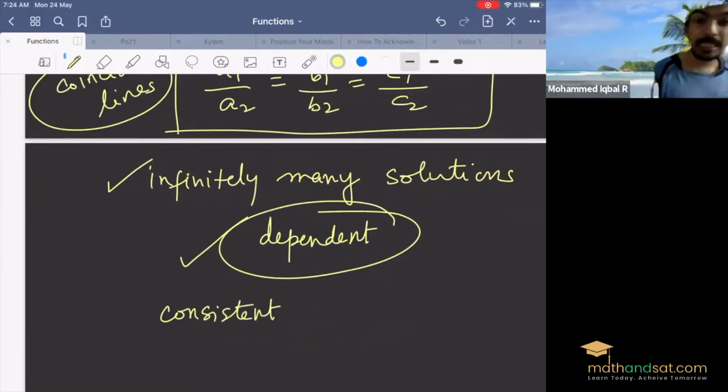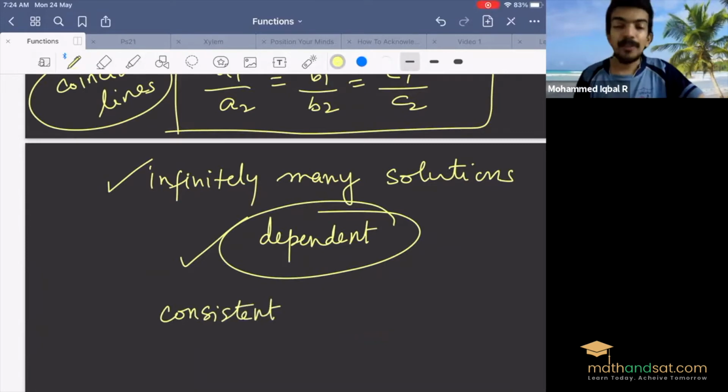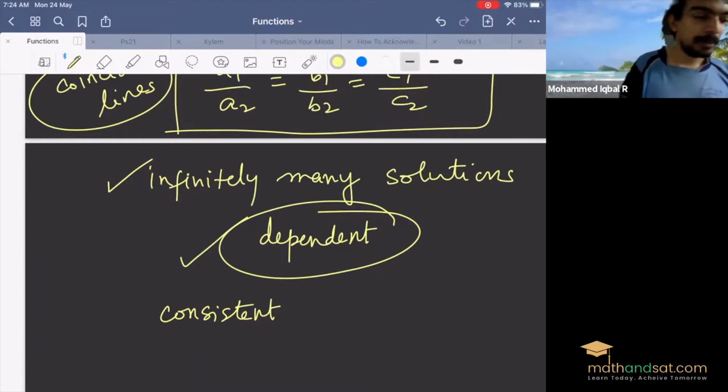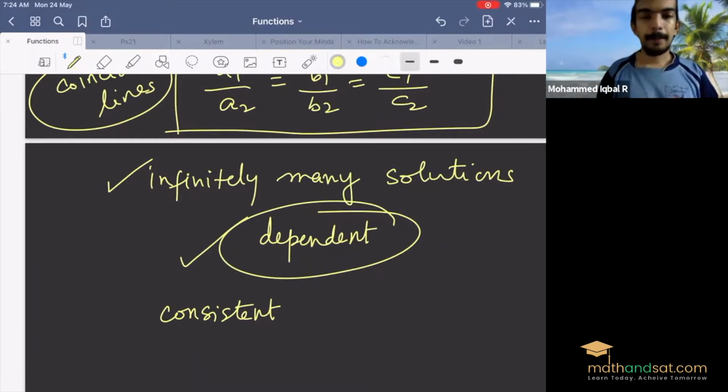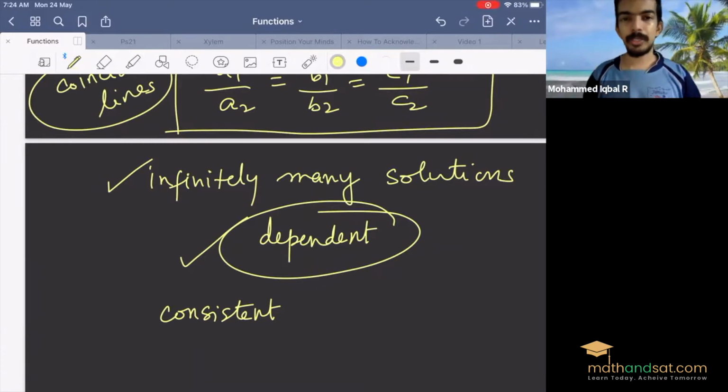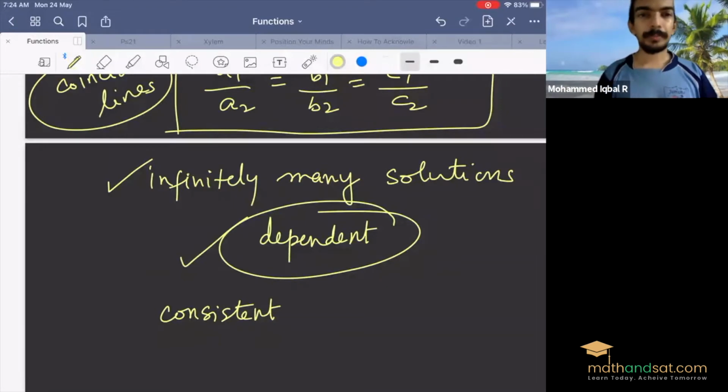Of course, it's consistent with infinitely many solutions.